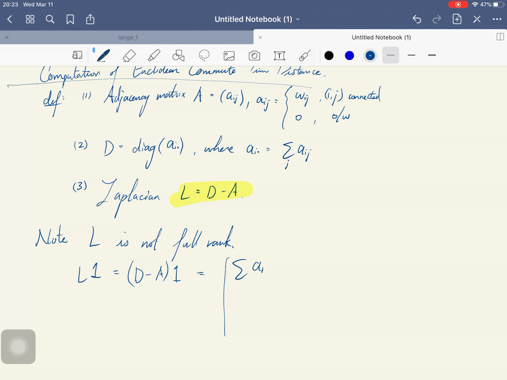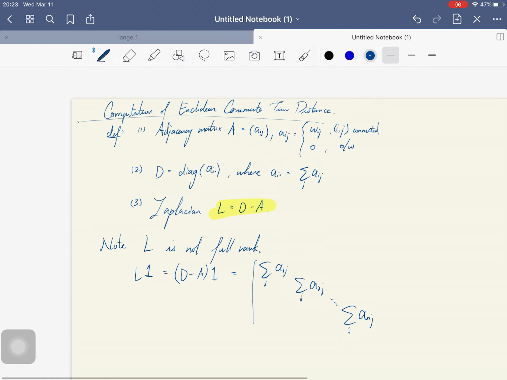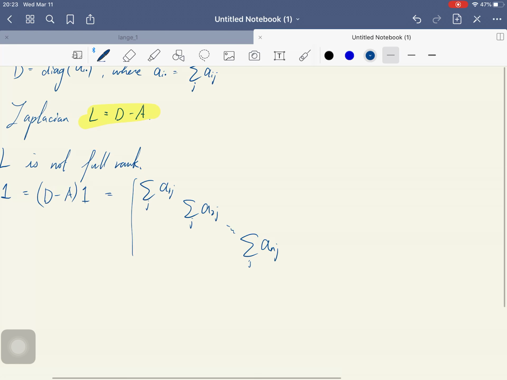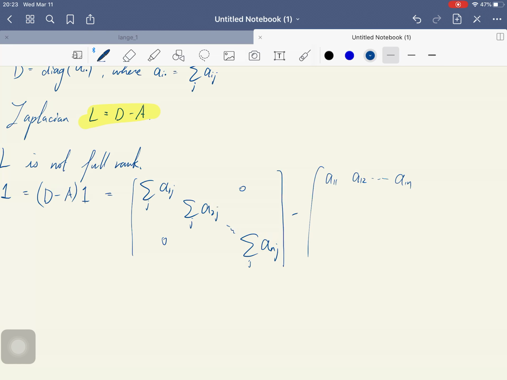D has the sum of the first row of A, then the sum of the second row of A, all the way down to the nth row of A, and the off-diagonal entries are zeros. And then minus A, which is a11, a12, blah blah blah, a1n, a22, ann.